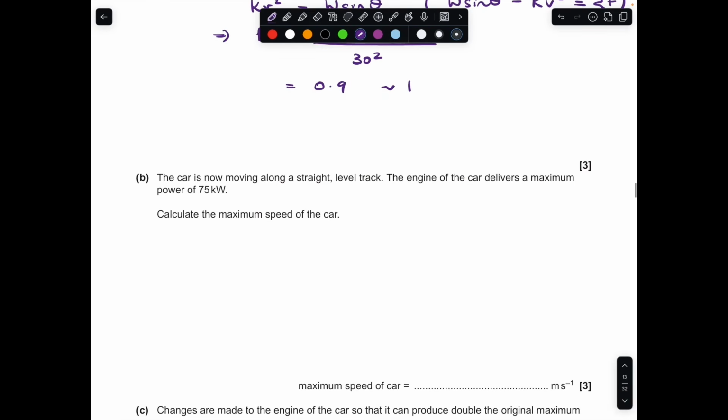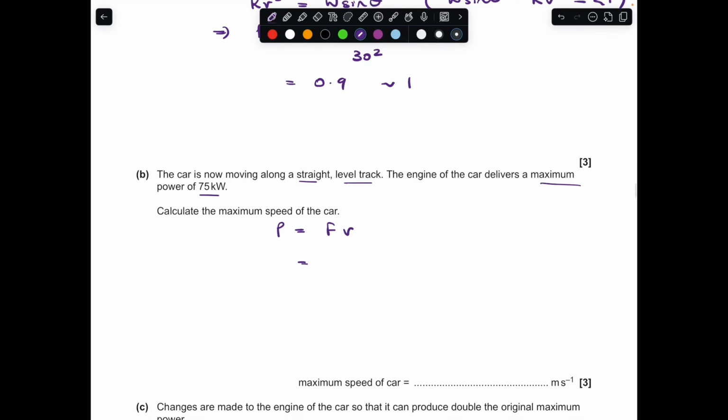Part B, it says the car is now moving along a straight level track. The engine of the car delivers a maximum power of 75 kilowatts. Calculate the maximum speed of the car. So we know power is force times speed, and we know force is kv squared, times v.